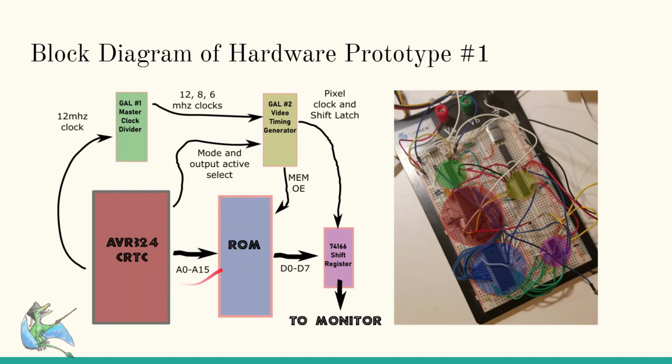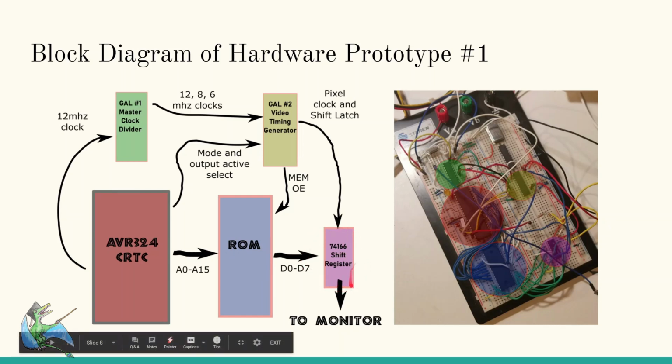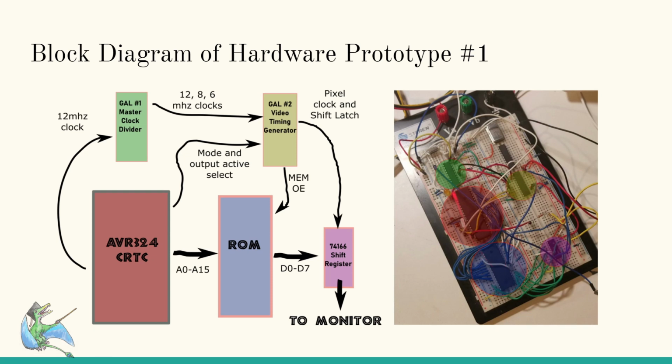So it'll fetch whatever byte of memory is being pointed to at the time. It'll throw it out here, and then this will shift it out to the monitor. As you see, that all fits in 5 chips essentially.